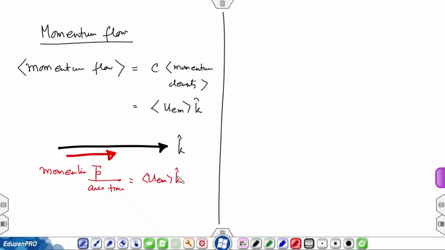It is also carrying with it energy per unit time per unit area equals c times u EM k.